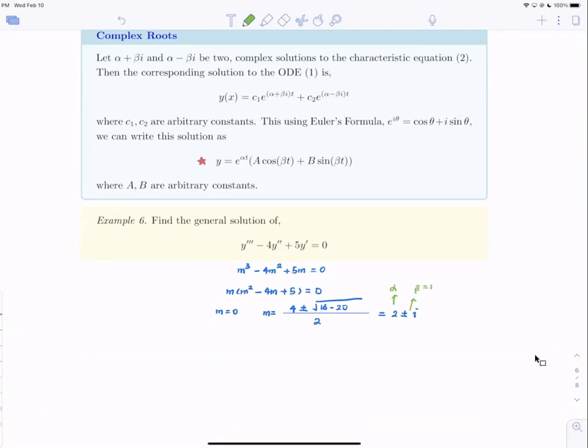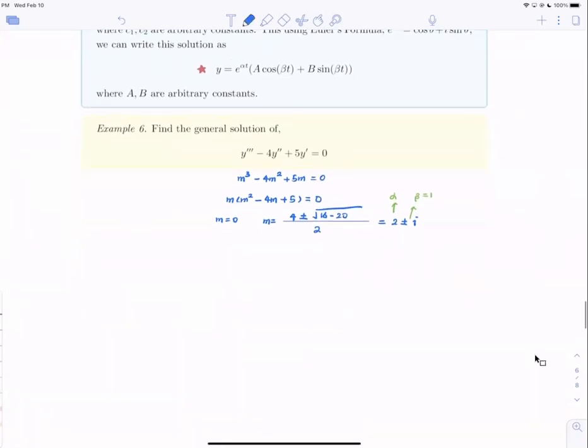Okay? So your solution is going to be y1 equals e to the 0t. Actually, let me just write the general solution directly. Saves us time and space. y equals c1. e to the 0t is 1. So c1 plus c2, where c2 is your constant, so that's going to be a here, and then e to the alpha t.